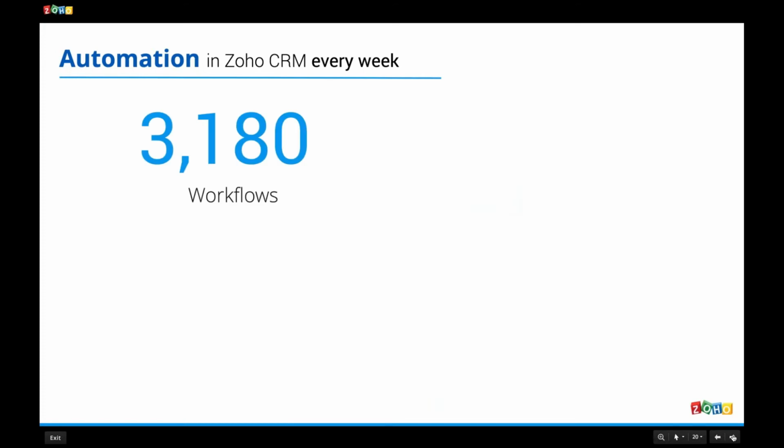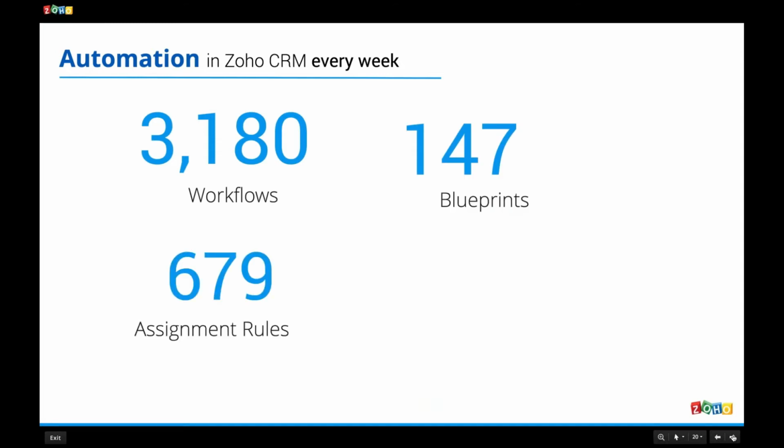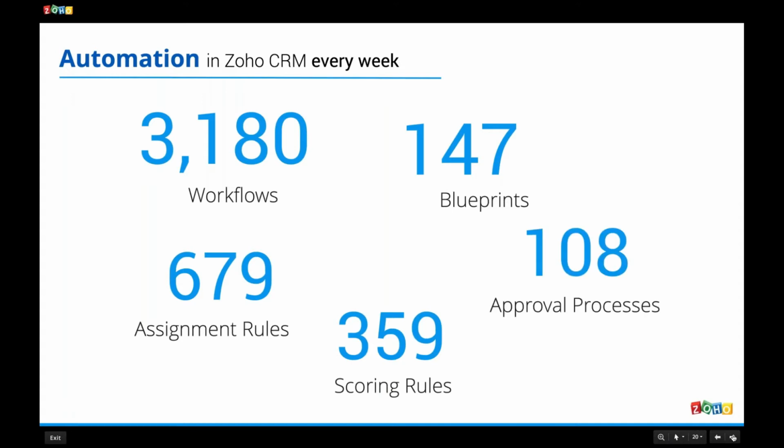This many workflows get created every week, the blueprints, assignment rules, which include lead assignment rule, contact assignment, and case assignment rules, of course the scoring rules, and then the approval processes. These are all the new rules getting created every week.